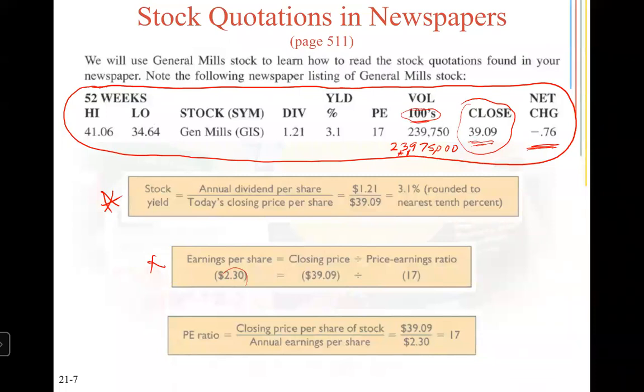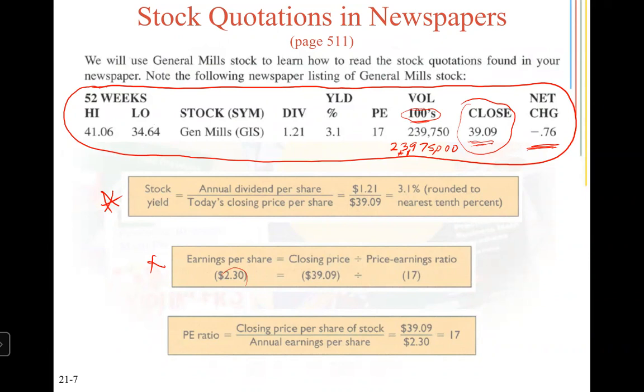Today it is 39.09. So did it fall or increase? It fell. Okay, yeah. So basically when you see a negative net change, if you want to find out what it was the day before, you're going to add that to today's price.